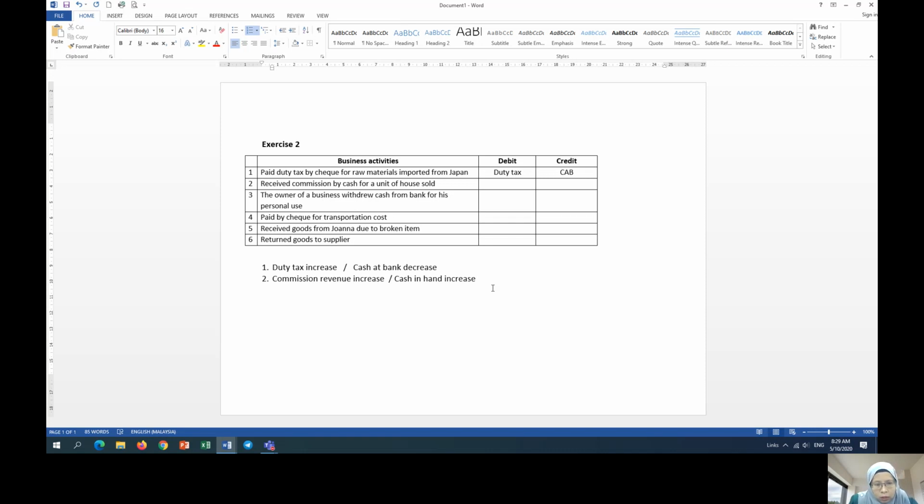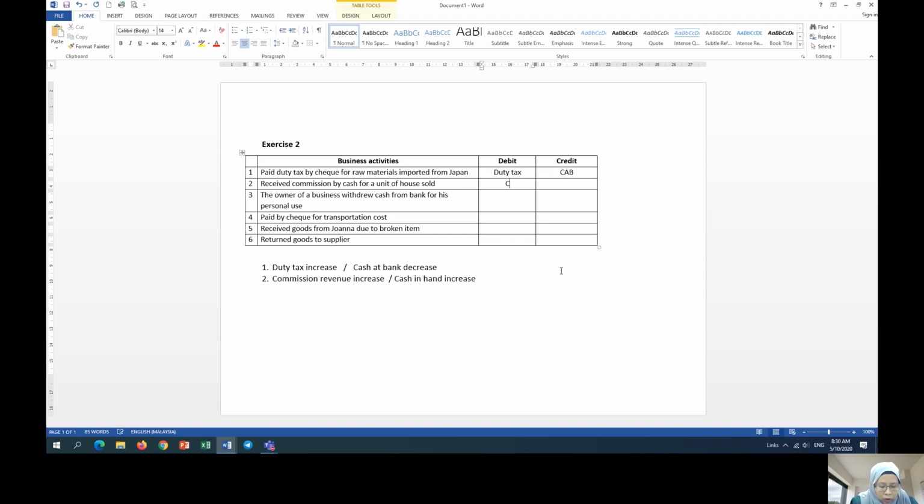So let's do the double entry. Please refer to the table that I have given to you earlier. So commission revenue increase, cash in hand increase. Let's start with our cash first. So bila aset kita bertambah, duit kita bertambah, maka kita akan debitkan akaun aset tersebut.